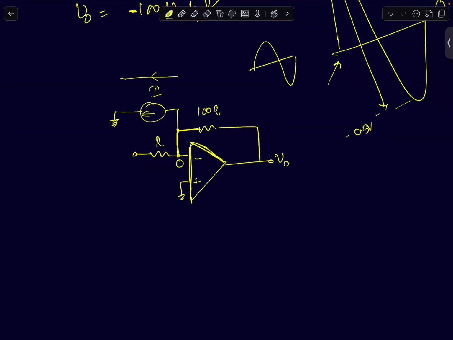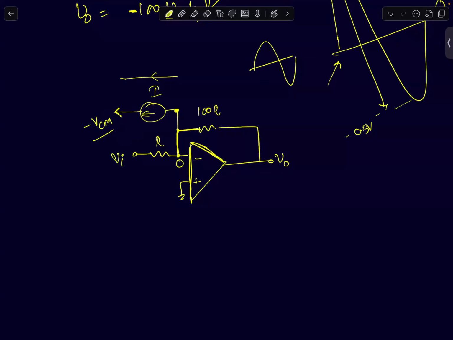If you're worried about the voltage being 0 across the current source, you can connect this to a negative voltage, minus VCM, some common mode voltage, so that the overall voltage across the current source is positive. Current flows from a higher potential to a lower potential. Is that fine? So in case you're worried about the current source having 0 volts across it, you can do that.